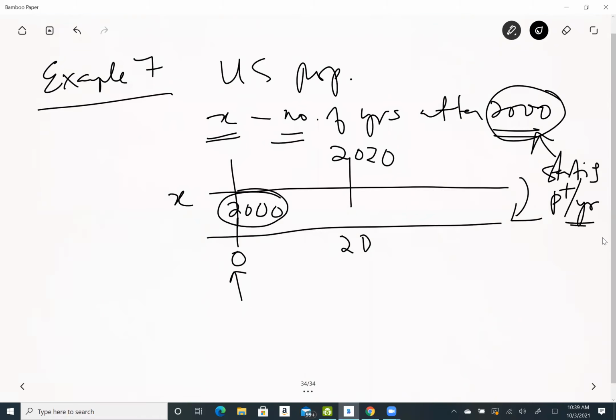Normally they will give you, for example, beginning 1920, so that 1920 will be time equal to 0, and then you move on from there. So for this example, you have the years after 2000, that means 2000 will be 0, all right? Okay. Any question about that?